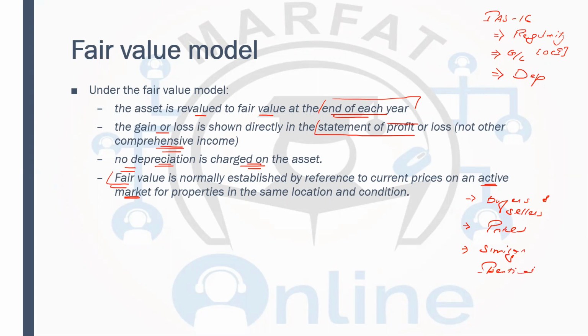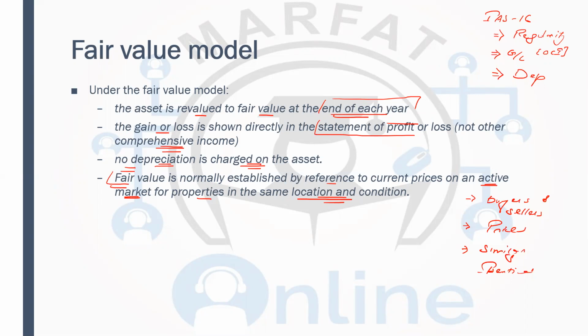And there's one more thing that you need to understand: the fair value is normally derived by reference to the current prices on an active market, not the past ones, not the old ones, the current prices, the current market indices for properties in the same location and condition. You know, this matters a lot. For example, let's assume there's a complete lane and there are 10 houses in it.